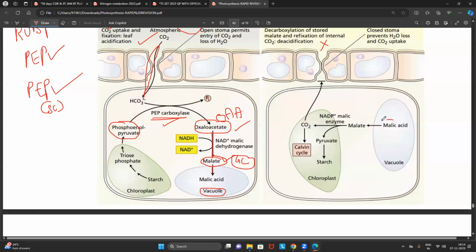So now you can see that the malic acid stored in the vacuole during the night time comes out and is converted into malate. Now malate is how many carbons? We know very well, it's 4 carbon. Again, the malic enzyme breaks down the malate into 3 carbon plus 1 carbon. Now, who will take this 1 carbon?